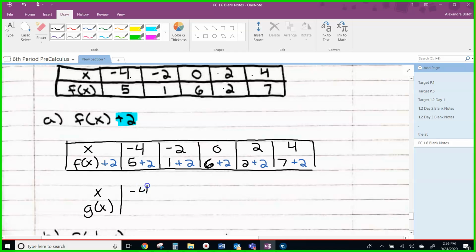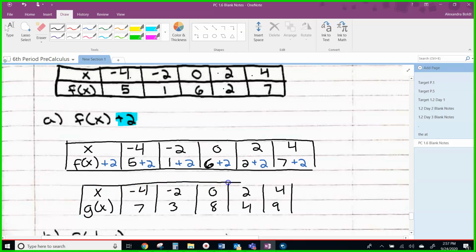Well, 5 plus 2 is 7. -2, 3, 0, 8, 2, 4, 4, 9. Okay, so again, I am just adding, is all that's different between those two. So that would be my function that has been shifted up 2.